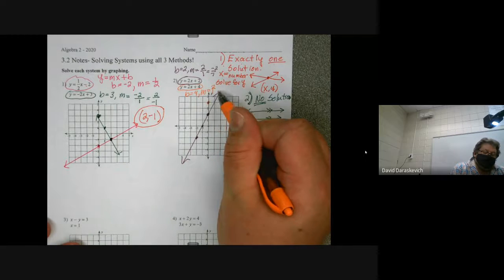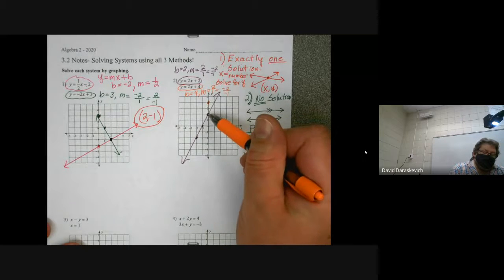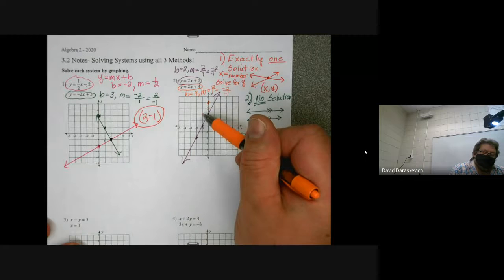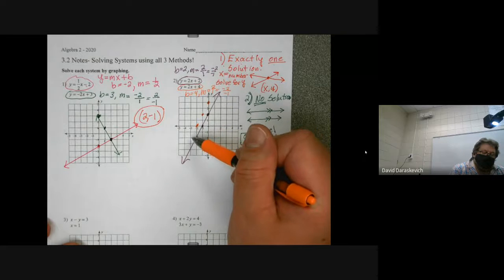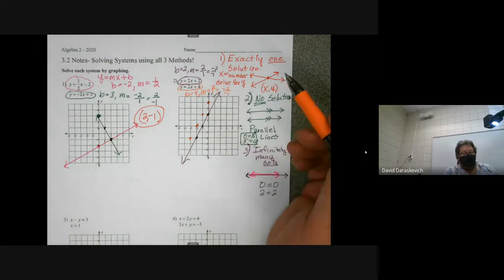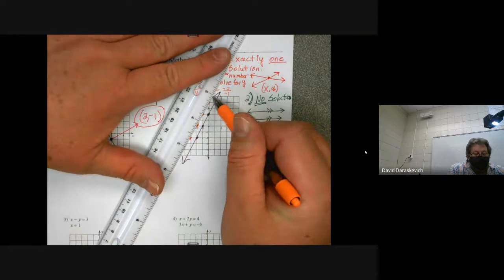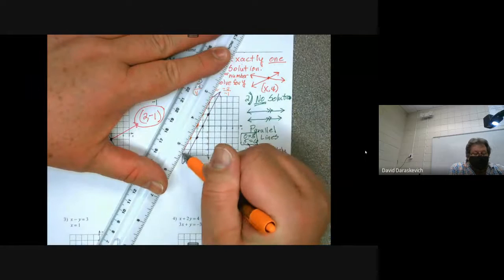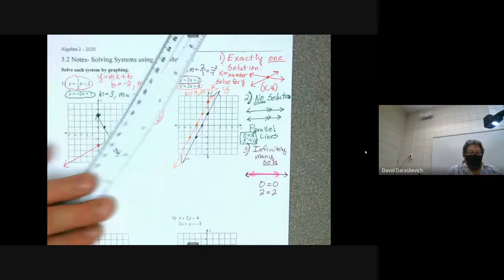And again, I'm going to use -2 over -1. -2, -1, -2, -1. Look what happens here. -2, -1. I end up with parallel lines, right?